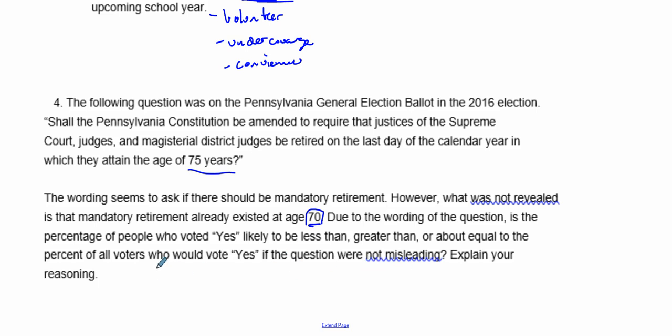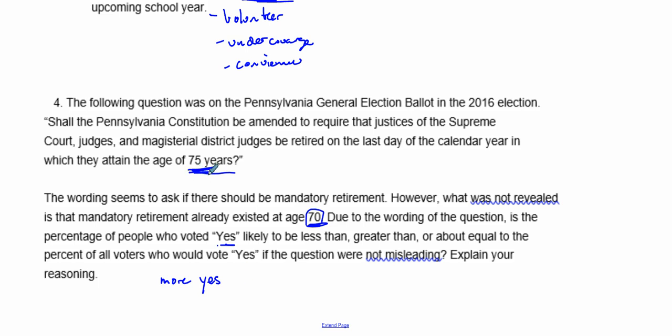Explain your reasoning. I think it may be more yeses, I'm guessing. And why is that? Well, you're going to get everybody that thinks that 70 is fine, and those that don't might say, well, 75, they're getting a little too old. So you're probably going to have more people saying yes because 75 is even higher.